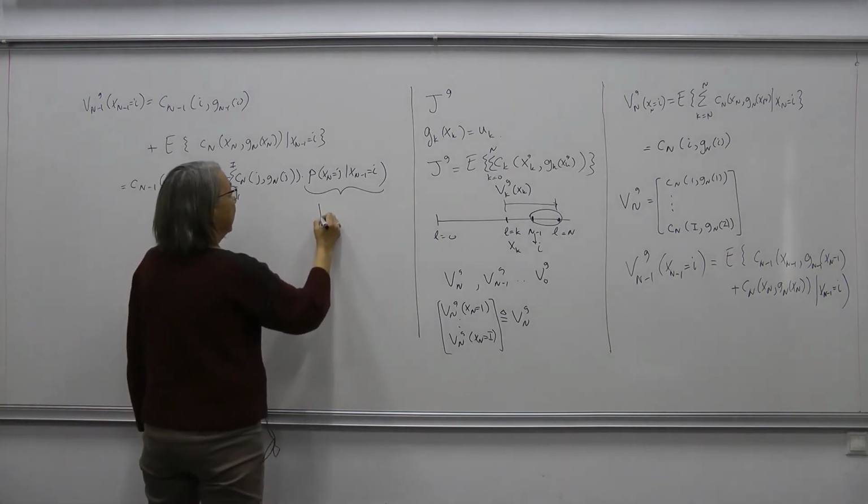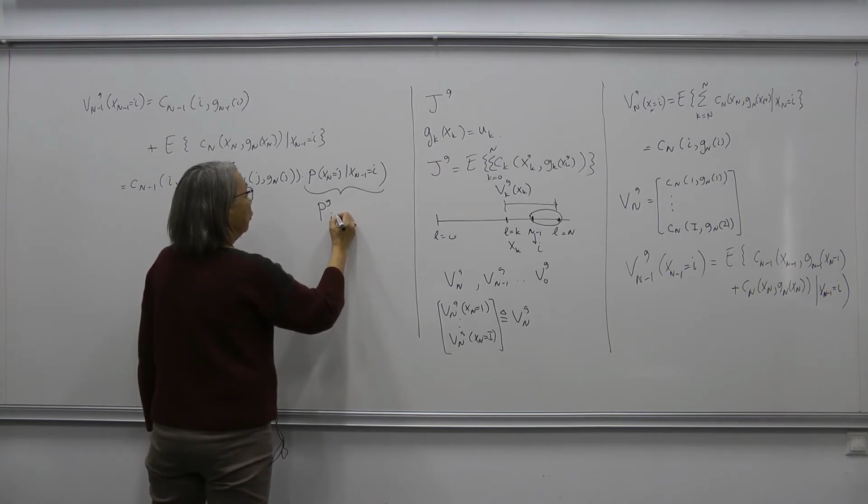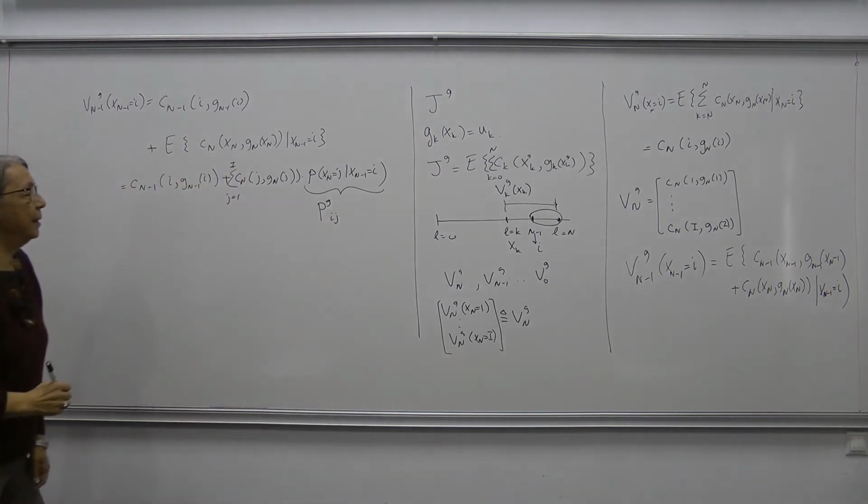This is exactly equal to the ij-th entry of the matrix P^g. It is the ij-th entry.